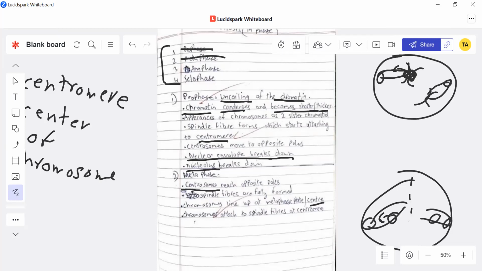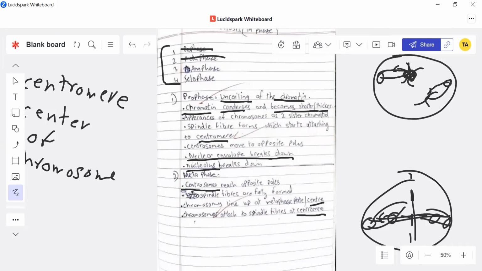So this is the metaphase plate. You can draw it like this or like this, and the chromosomes will form either here or here at the metaphase plate, or the center. So chromosomes line up at the center, and chromosomes attach to the spindle fiber at the centromere.